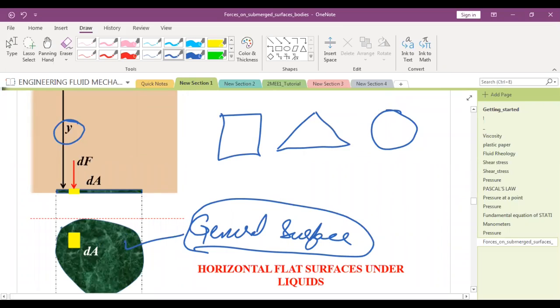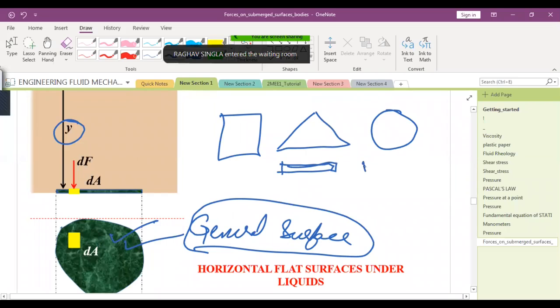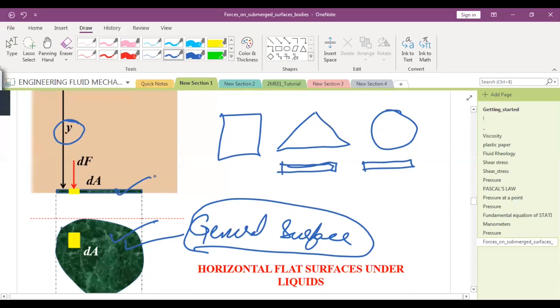This analysis is valid for any general geometry. The front view of all three will just show a flat plate like this. In the top view they will be different, so this analysis is valid for all kinds of shapes.